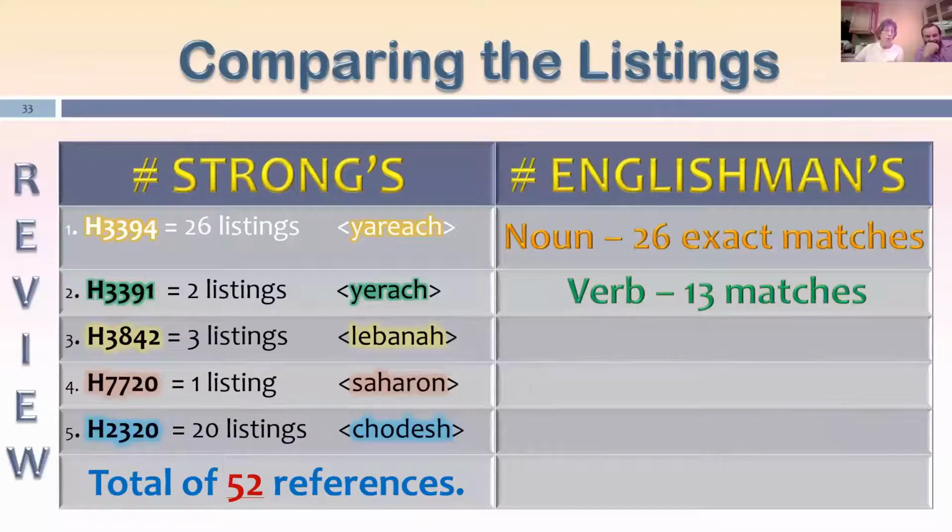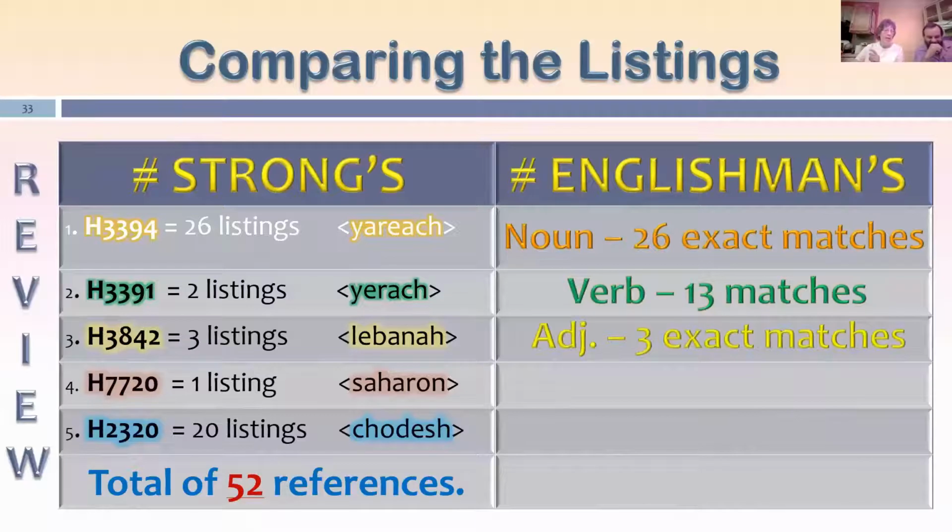When I put moon or moons into Strong's, I had 3 listings. When I put the word number into Englishman's, how many listings did I come up with? Anybody? Tim? 3. He says 3. You're right.